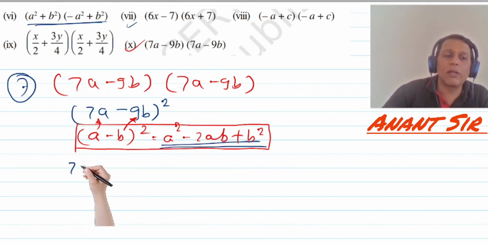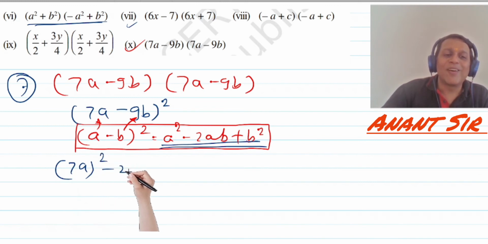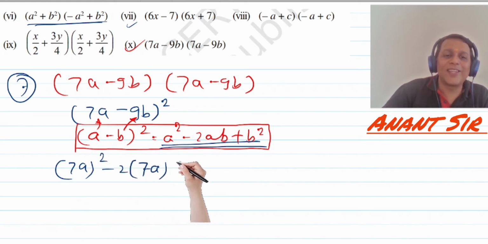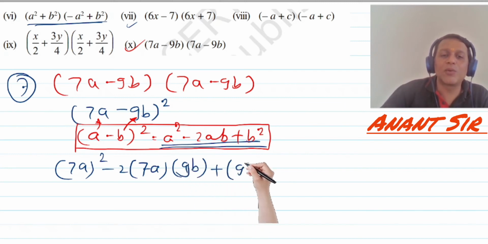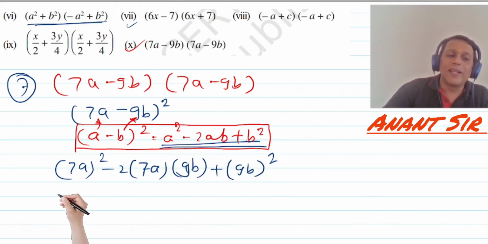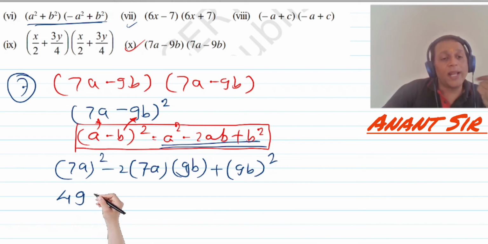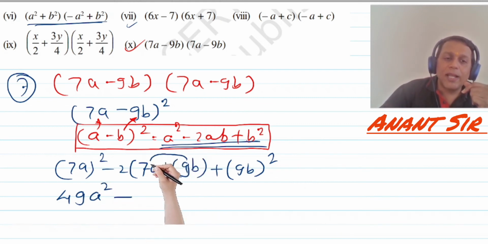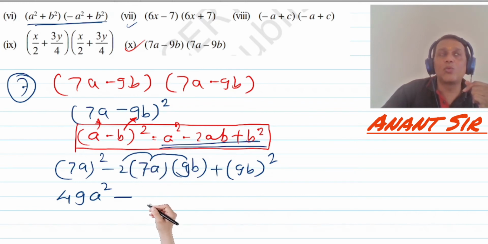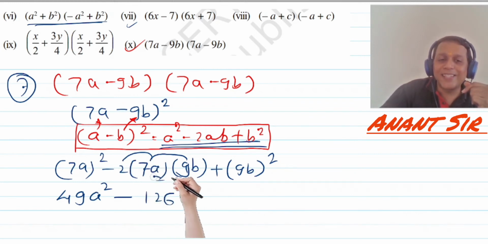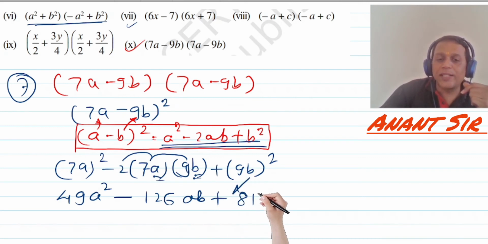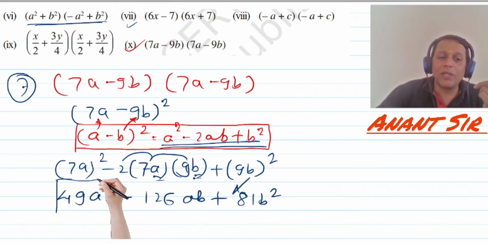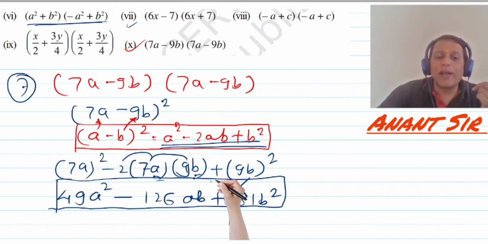A square will be (7a) square, minus 2 into a is 7a, into b is 9b, plus b square is (9b) square. So 7 square becomes 49, a square will remain as it is, minus 7 9s are 63, 63 2s are 126, a and b as it is, plus 9 square is 81 and b square is b square. So this is our final answer.